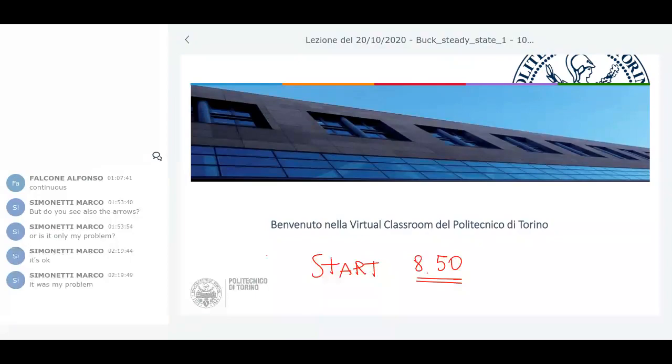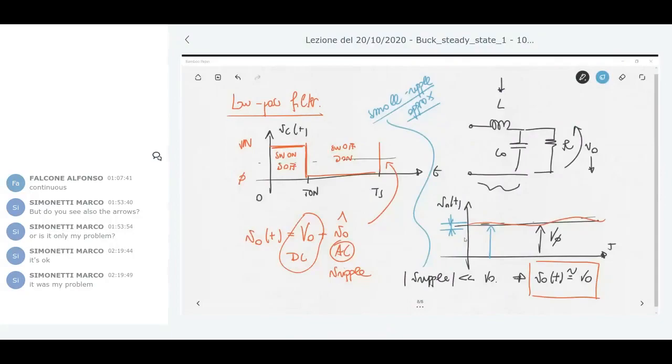And we learned that there are two different blocks. One is the switching network, made by switches that generate these two different states, and then the output filter. I just described a means of analysis of the operation, which is based on the small ripple approximation. Let me share the whiteboard again, because I have to point out that the small ripple approximation is defined looking at the V naught output voltage.